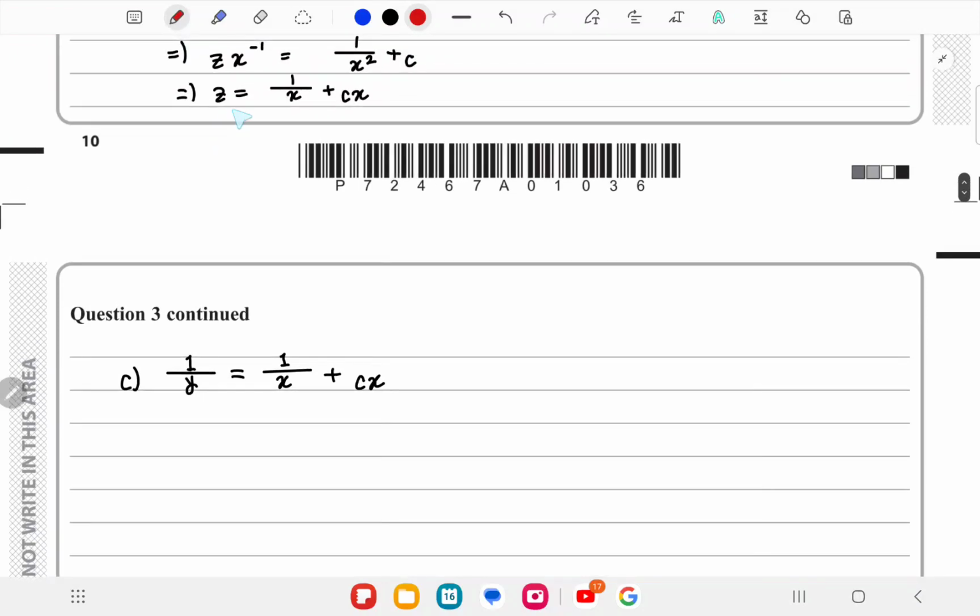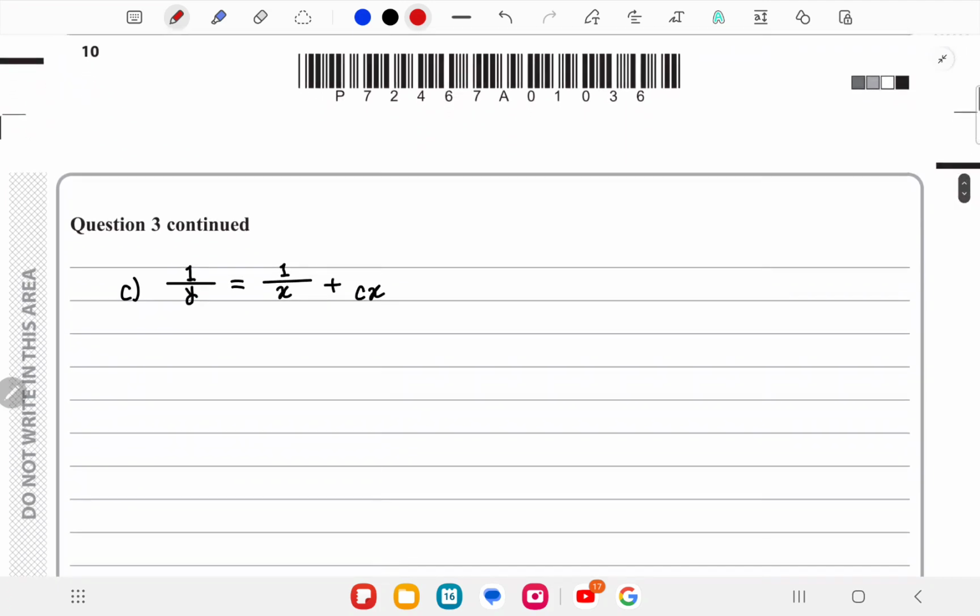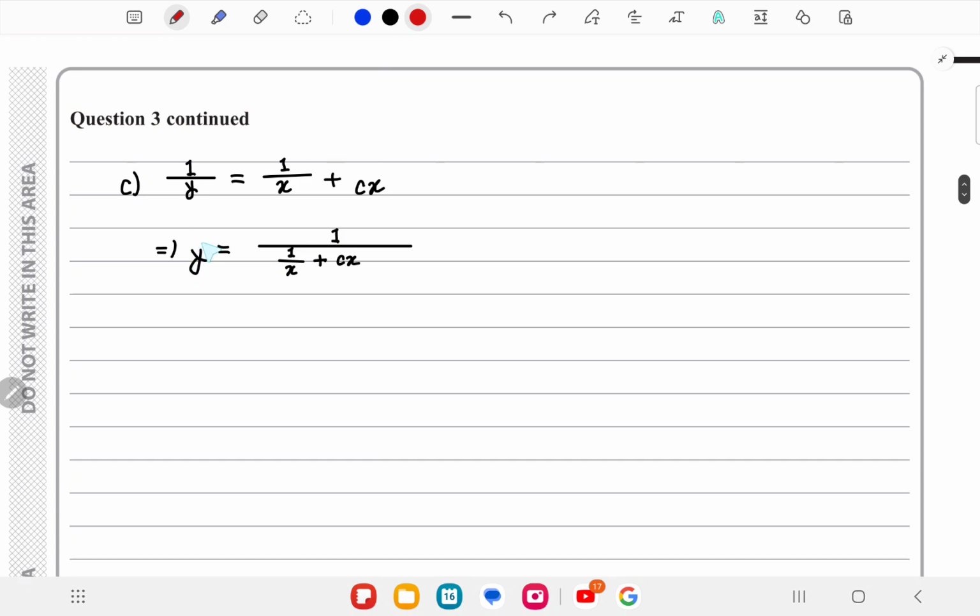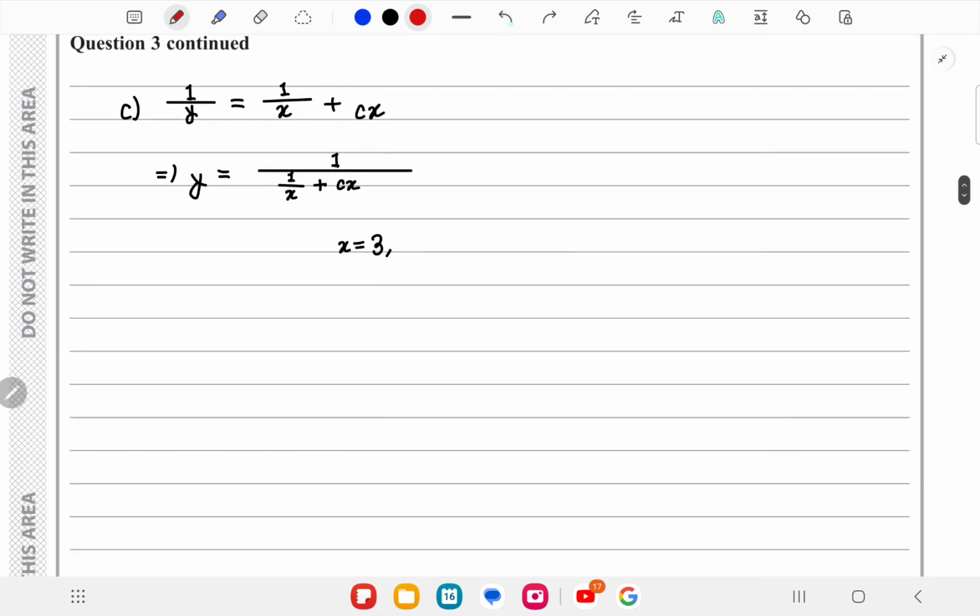So we just plug in the value of z in terms of y, which is 1 by y. Now we can take y to be the subject. Now we'll get 1 by x plus cx, and now the values of x and y are 3 and minus 3 by 8.